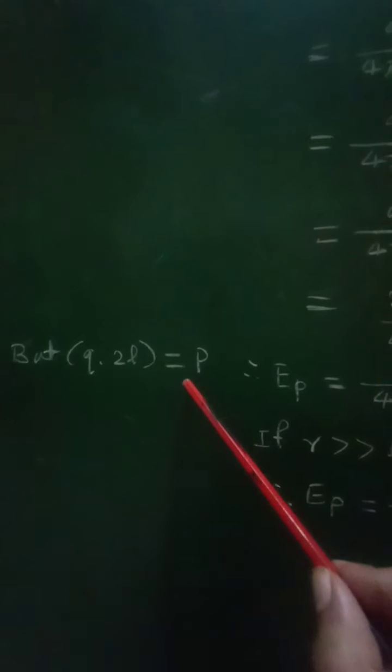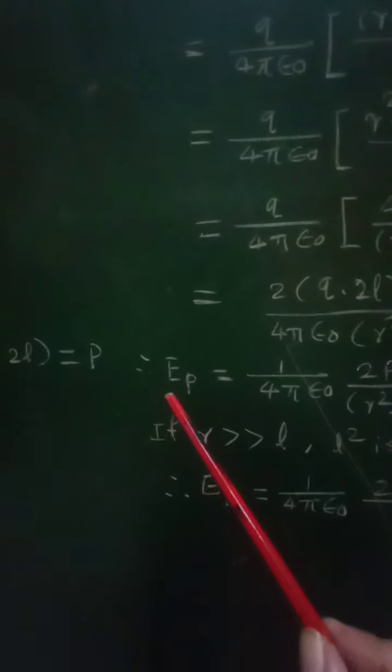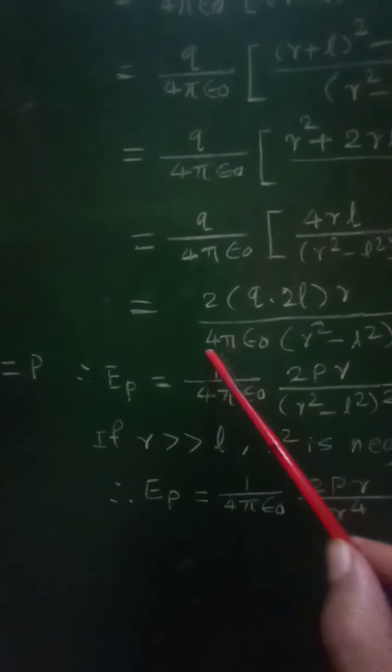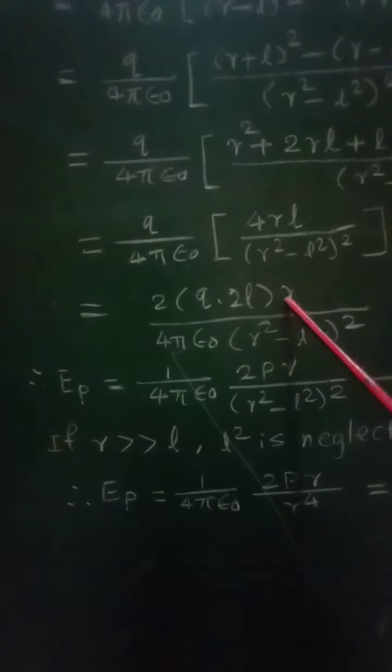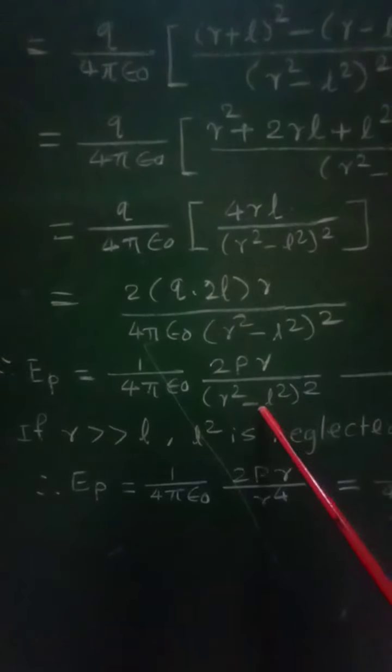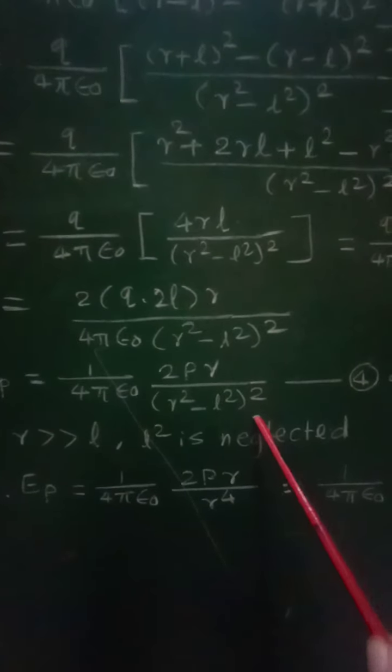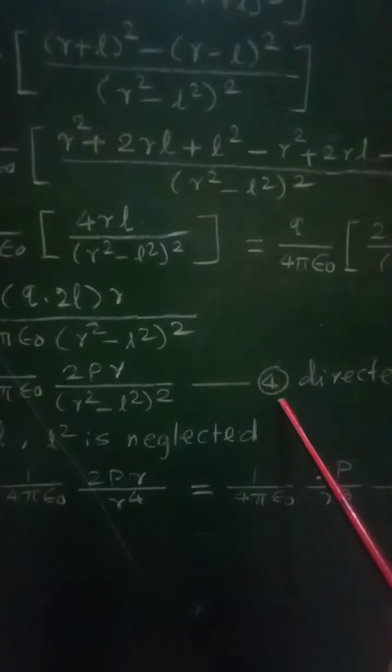But we know that this Q into 2L is equal to the electric dipole moment P, and therefore EP equals 1 upon 4 pi epsilon 0 into 2PR upon (R square minus L square) whole square, equation number 4.